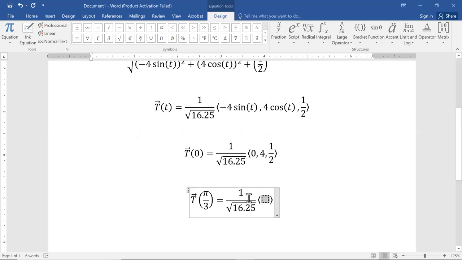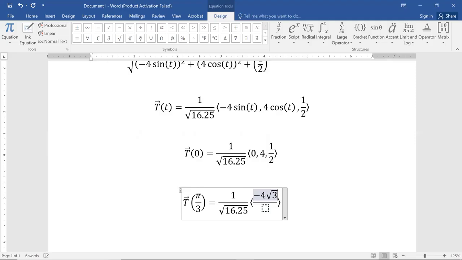I like keeping it out front because of some things we'll do later. And then when you plug in pi over 3 into sine, you get root 3 over 2. So what you're getting for your x component is -4 times square root of 3 divided by 2, which is just going to be -2 root 3.